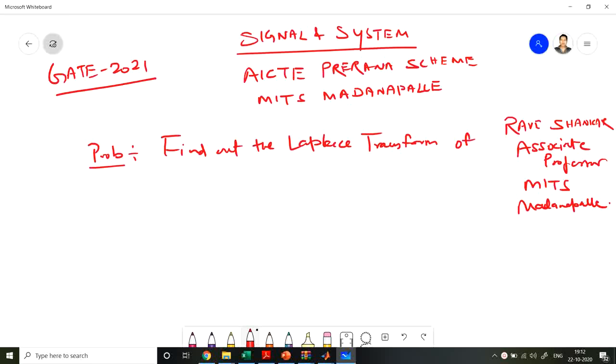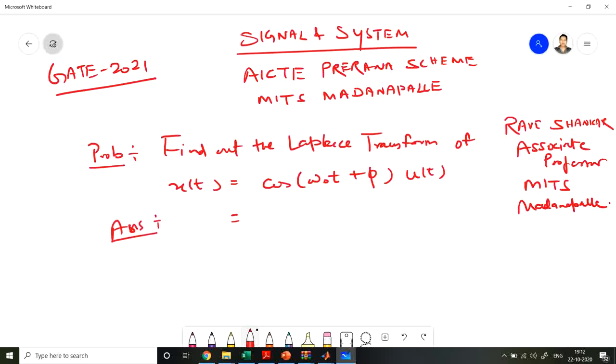Find out the Laplace transform of x(t) = cos(omega naught t plus phi) u(t). Let us solve this problem.